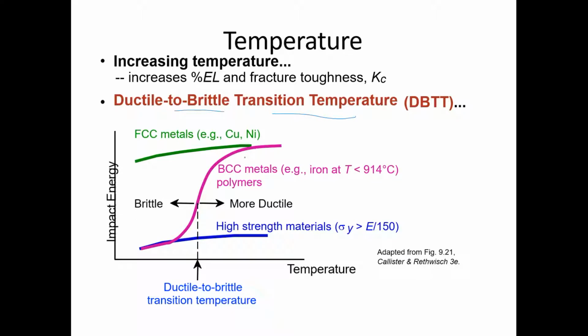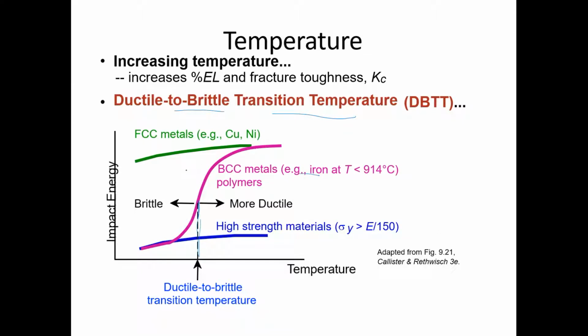BCC, which is material with body-centered cubic crystal structure, for example iron or plain carbon steel, shows this characteristic whereby you have a ductile to brittle transition temperature.